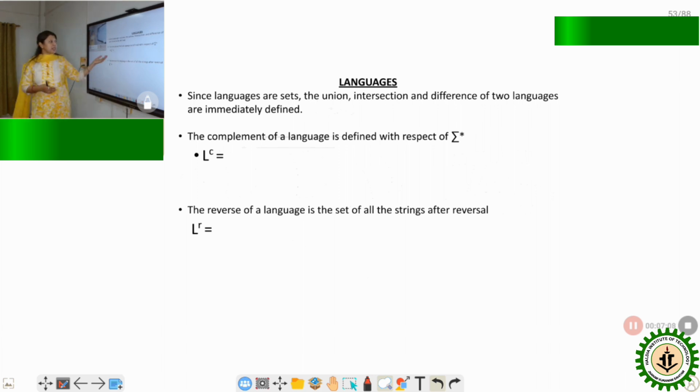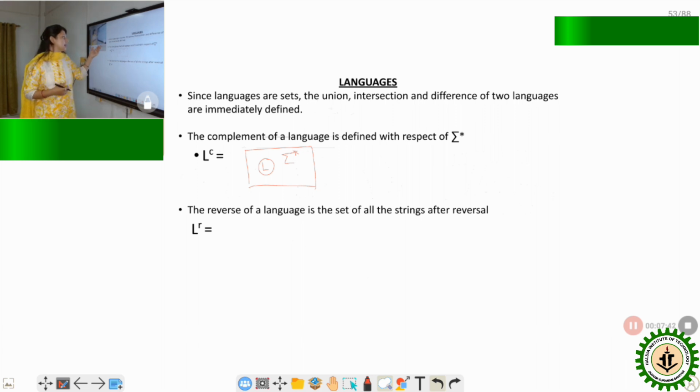The complement of a language is denoted by L to the power C. Sigma star means the universal set, and L is another set, a set of strings.